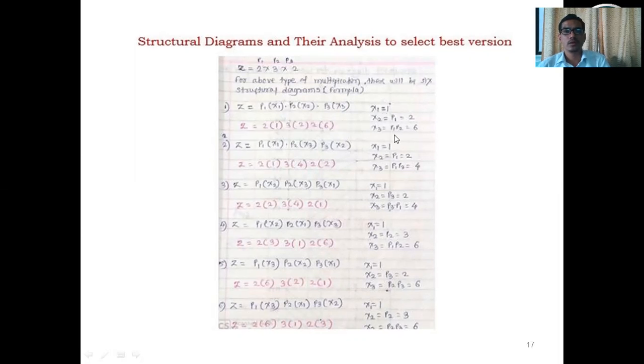So from this we get the first structural formula, for Z = 2 by 3 by 2. This is the standard one, and 6 structural formulas can be obtained for this Z = 2 by 3 by 2.